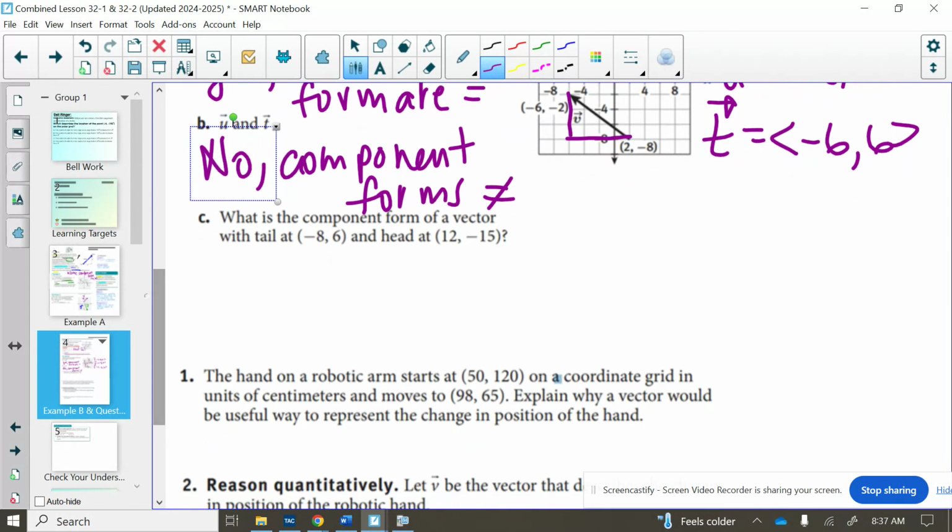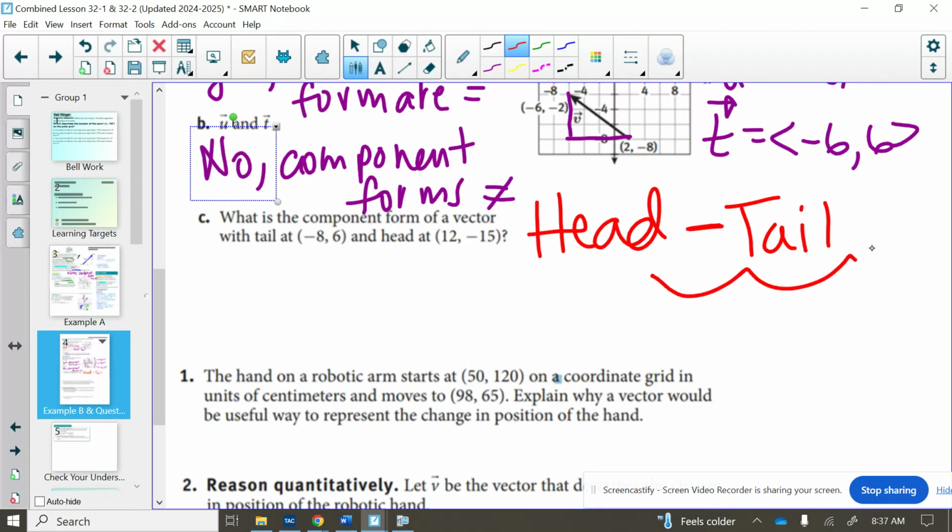Now, sometimes they are going to give us the values without a picture. Again, you want to take your head coordinates minus your tail coordinates to find the overall movement for your vector. So for instance, we are starting at the tail and then we end at the head.